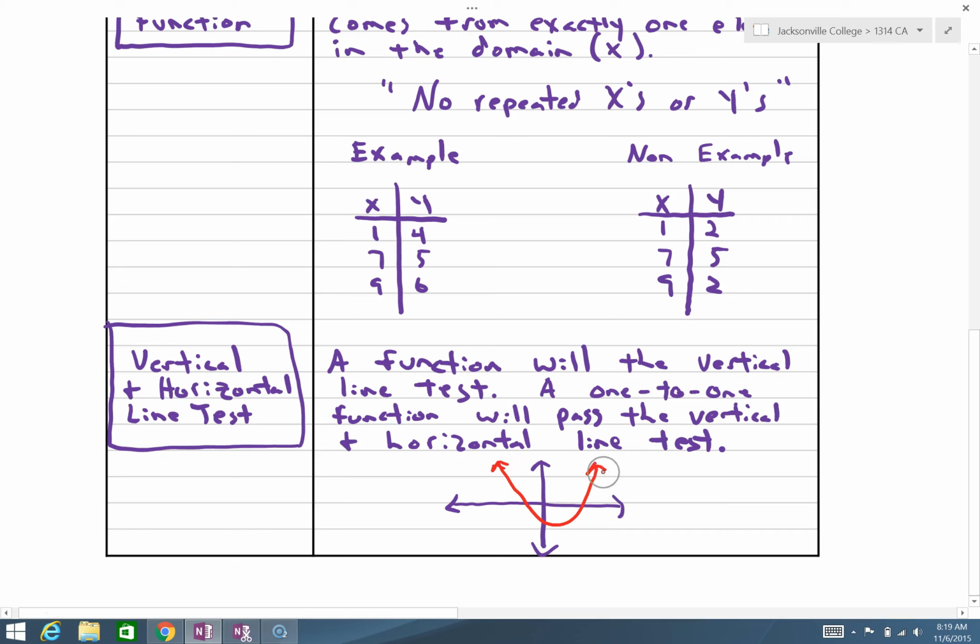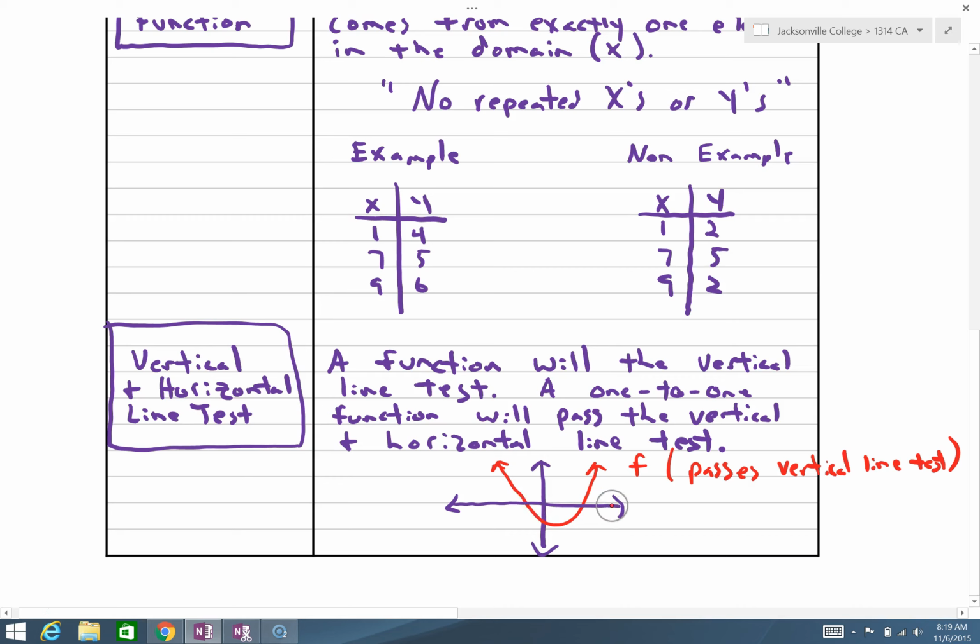We're going to call this parabola here function f. Okay. It is a function because any place we draw a vertical line, it only hits once, passes vertical line test. Okay. However, it fails the horizontal line test. Most places I draw a horizontal line, I'm going to hit twice.